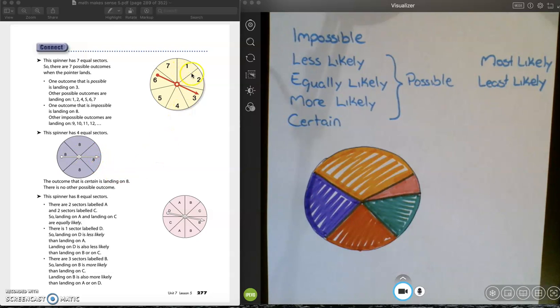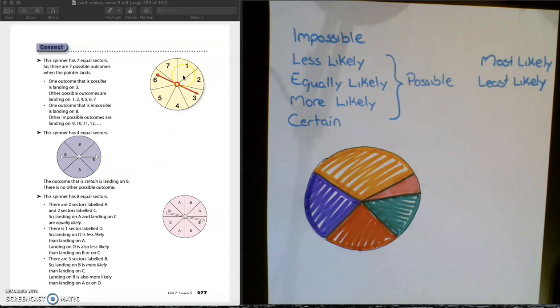If I look on here, I am equally likely to get a 1, 2, 3, 4, 5, 6, or 7 because they're all about the same size, and those are my options on the board. So it could go any way.